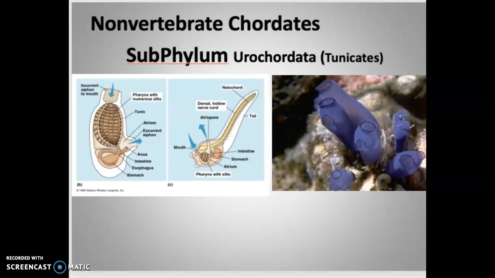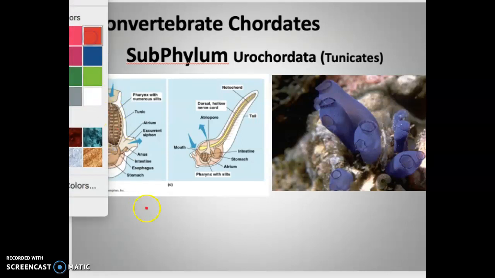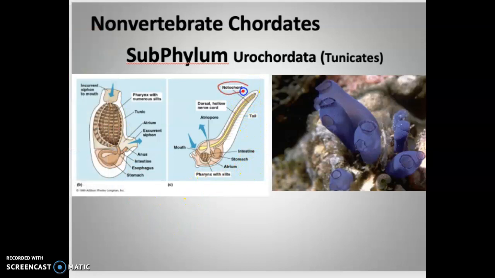If you look at the picture here, they have the notochord, they have the nerve cord, they have pharyngeal pouches or slits, and then they have the tail, the post-anal tail. So all four of the key structures are present.